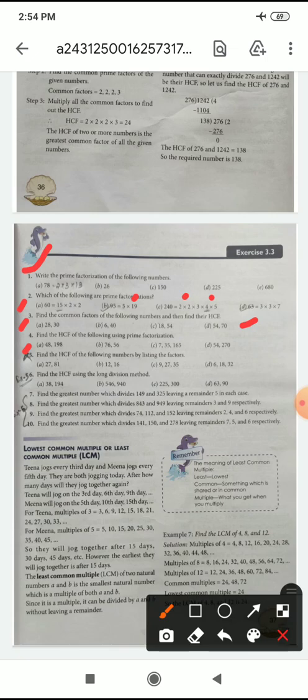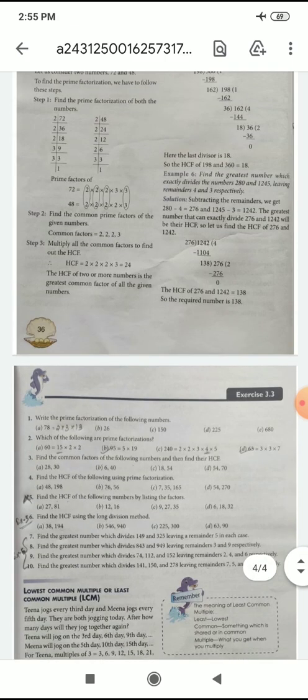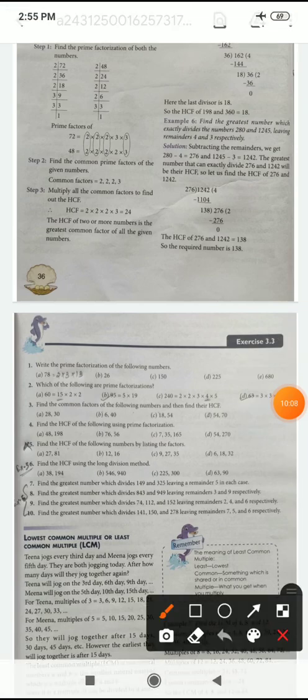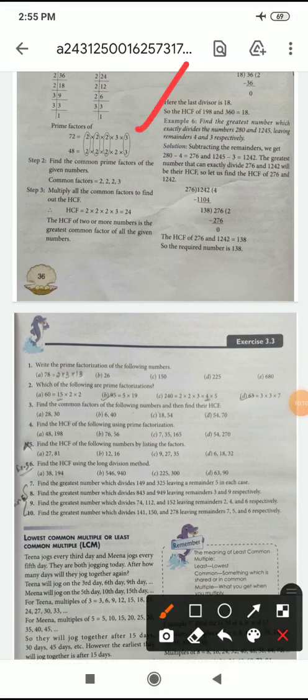Okay, then you do 4 number, 5 number no need to do. Number 6, you see, find the HCF using the long division method. Now we discussed the long division method. You follow that method and complete number 6. Then number 7 to 10, children, you just follow this example. Okay, example 6 you follow and do.